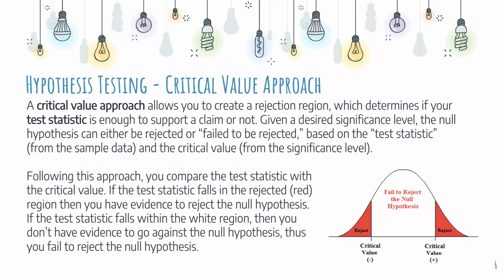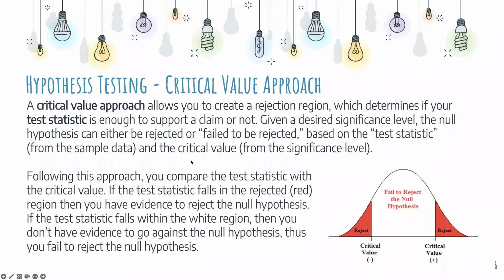Given a desired significance level, the null hypothesis can either be rejected or fail to be rejected based on the test statistic, again, that's coming from the sample data, and the critical value, which is coming from the significance level. Following this approach, you compare the test statistic with the critical value. So the critical values are going to be here, right? So this is the critical value and this is the critical value.